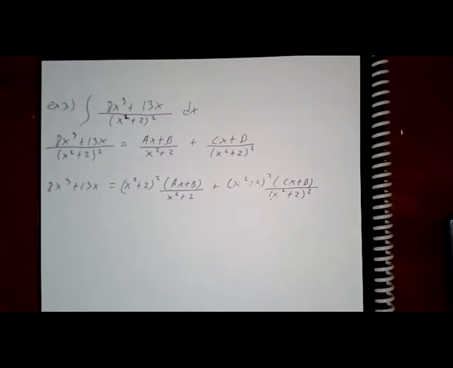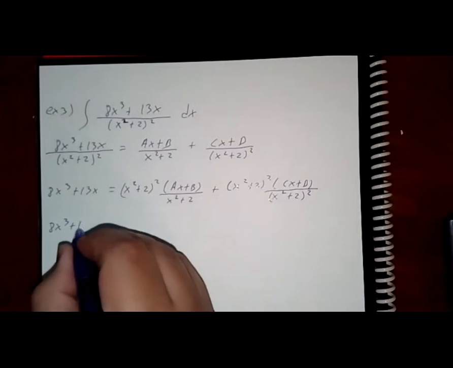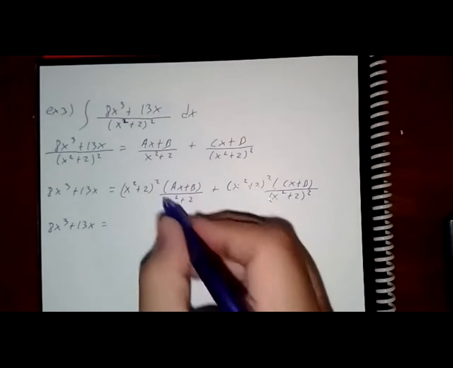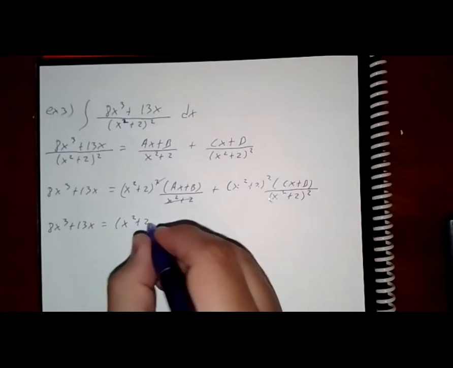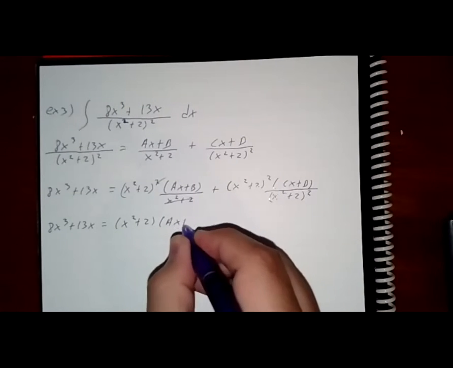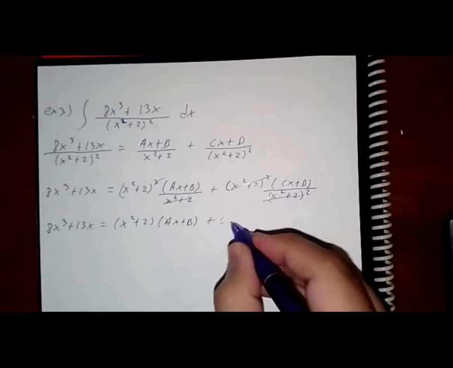So they'll cancel one of those. So I'll be left with x squared plus 2 times ax plus b. Cancel all of those plus cx plus d.